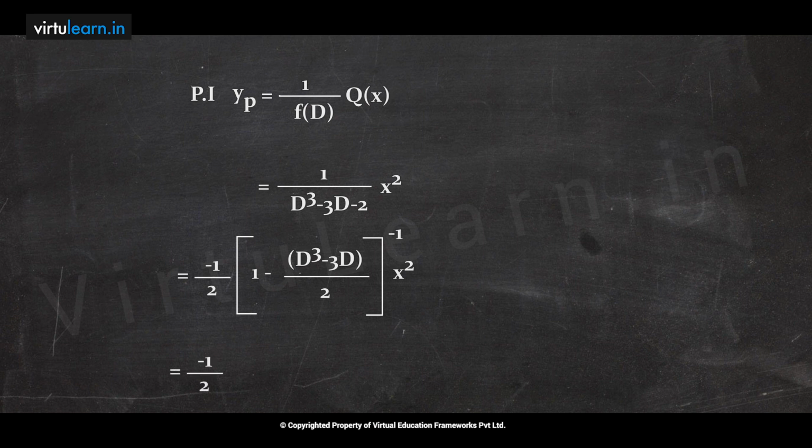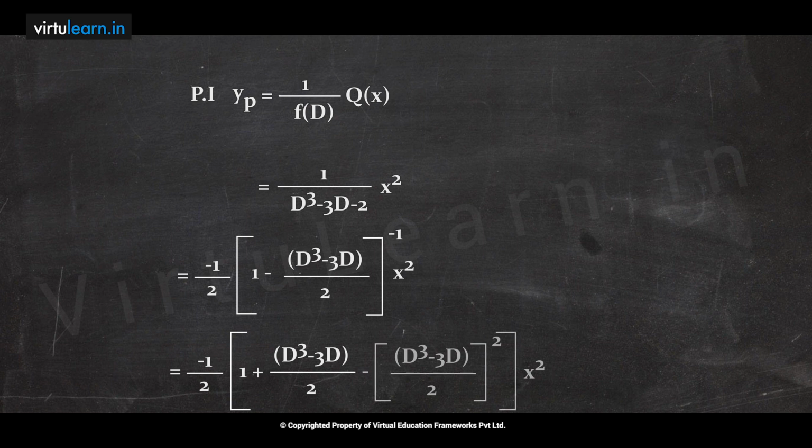Then minus 1 by 2 is outside, 1 plus x, where x means this total term, (D cube minus 3D by 2), plus x square, meaning (D cube minus 3D by 2) whole square, into x square. Then outside is minus 1 by 2, x square into 1 gives x square, again D cube of x square, then (D cube minus 3D by 2) into x square, then (D cube minus 3D by 2) whole square into x square.